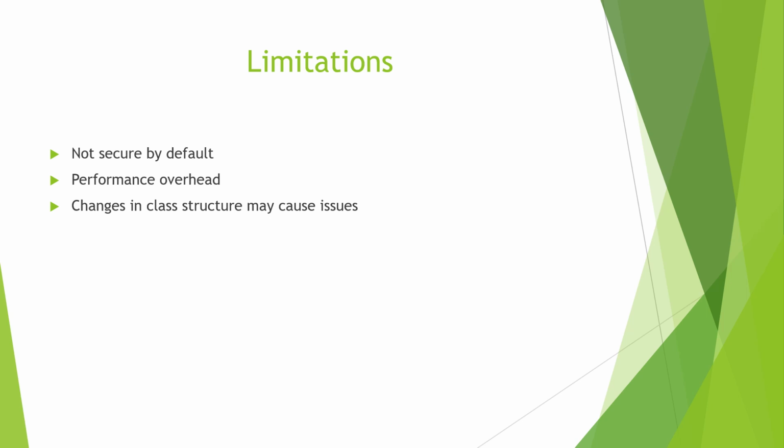First of all, it is not secure by default, so we have to mention security. The performance has overhead, and the class structure changes if any exception occurs during the execution. So these are the limitations of serialization.